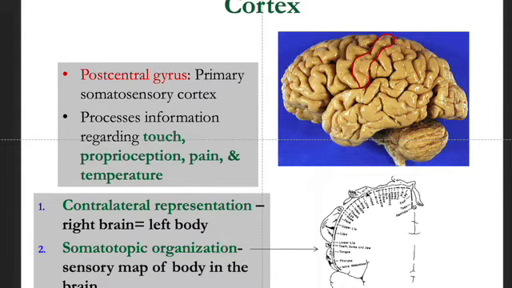Now I want you to take note that the majority of this surface area is actually occupied by hand and face, because we have a great deal more detailed innervation of the hands and face. You have a much more sensitive somatosensory perception there. All right, the other thing is that what we see is contralateral representation, meaning the opposite side of the body, so that this left hemisphere of the cerebrum is representing the right side of the body. Two fundamental principles of the cerebrum there.